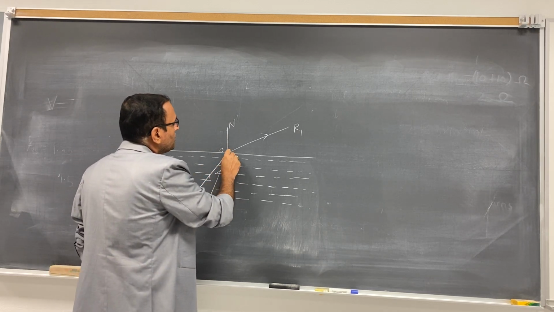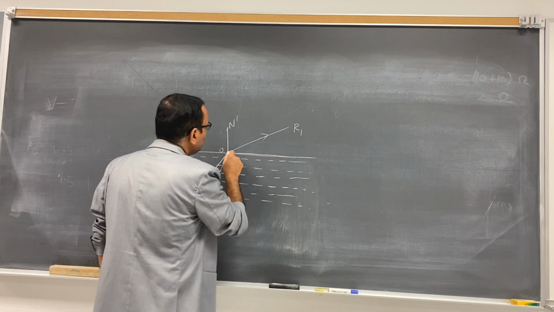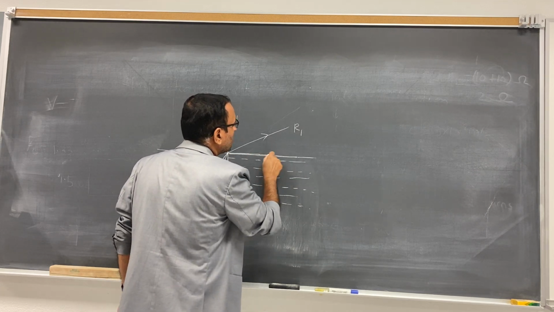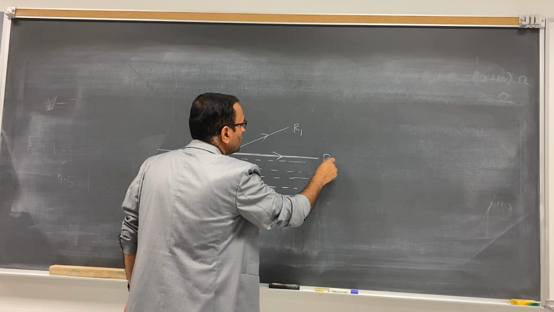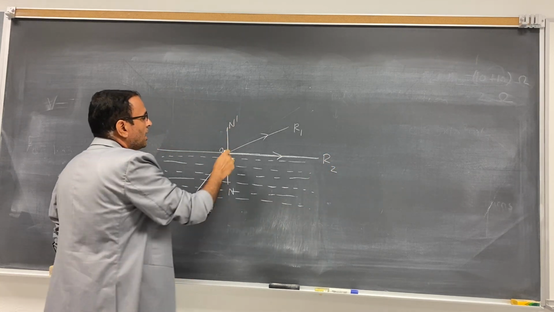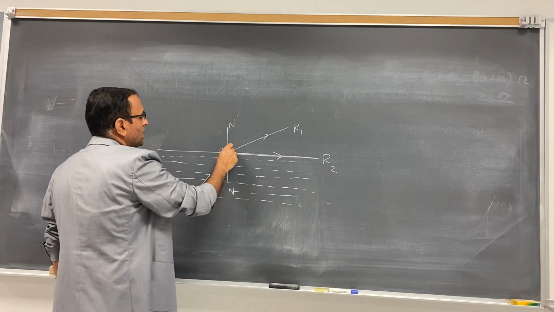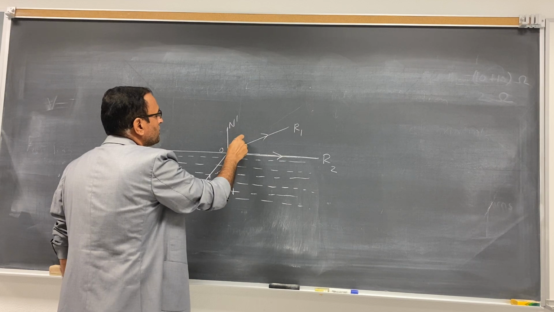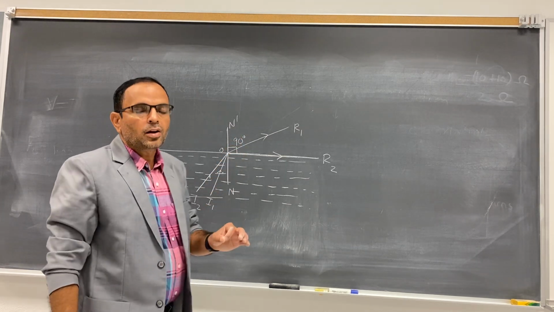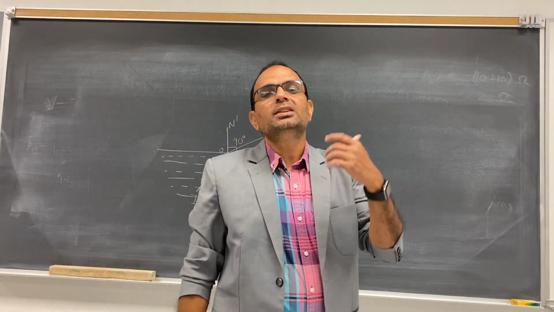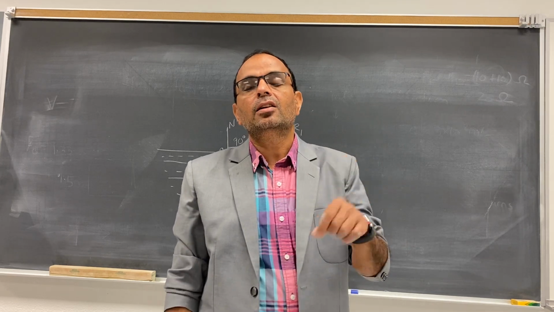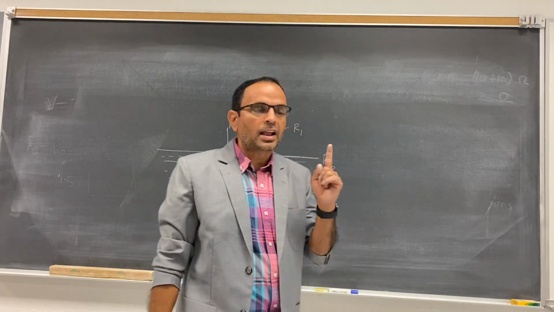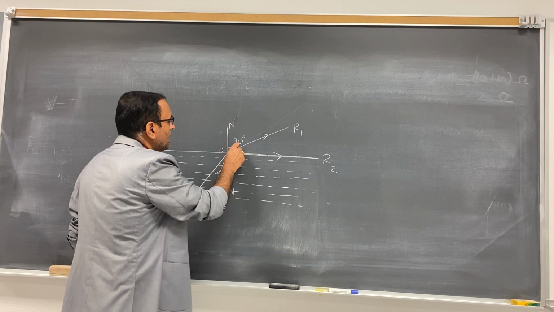Now if your angle of refraction is, let's say, 90 degrees here, this is your refracted ray, R2. If this angle R2 O N prime is 90 degrees, the angle of refraction in optically thin medium is 90 degrees. Angle of refraction, not incidence.